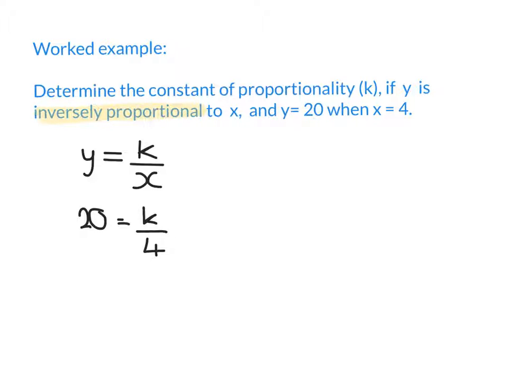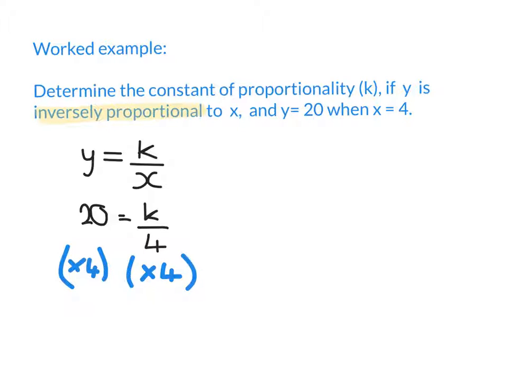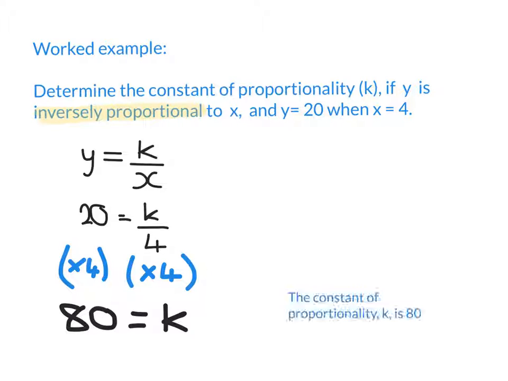And then we can just get the k on its own by multiplying by 4 on each side. Which is going to give a value of k of 80. And we can say that for this relationship, the constant of proportionality k is 80.